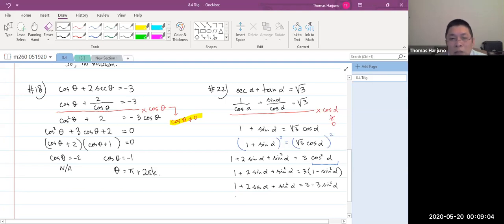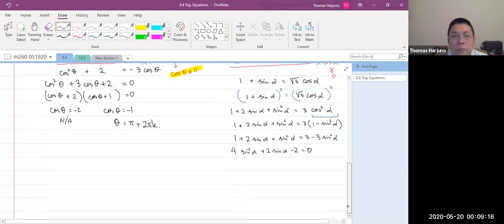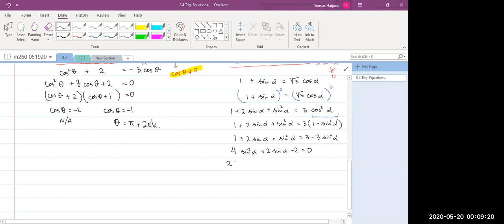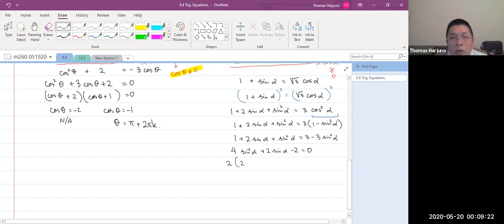Now I set one side equal to 0: 4 sine squared alpha plus 2 sine alpha minus 2 equals 0. I can factor the 2 out, so I get 2 sine squared alpha plus sine alpha minus 1 equals 0.